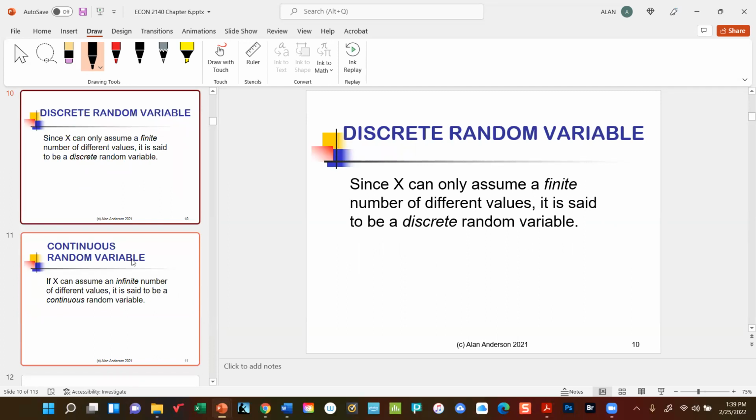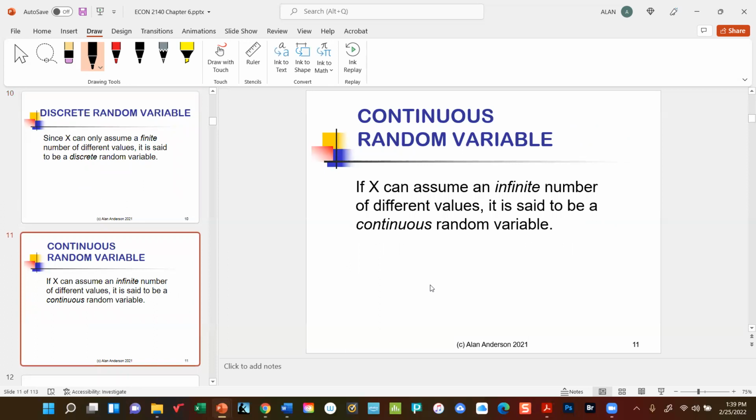Now, when it's the case, like we have here, that x can only assume a finite number of values, 0, 1, and 2, for example, we call that a discrete random variable, to distinguish it from the opposite case where we can have an infinite number of possibilities, which we call a continuous random variable.